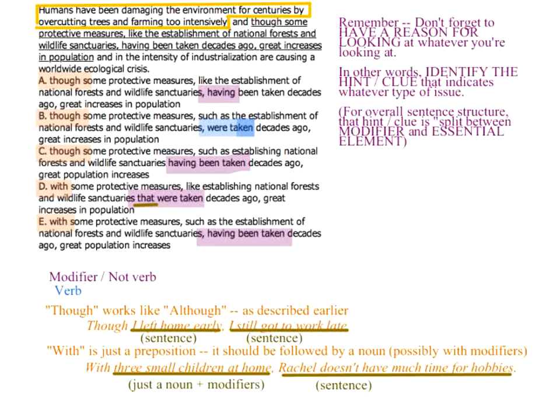So the problem with A and C is they're like, "Though I having left home early, I still got to work late." I mean, you need to have a sentence there. So these don't work. Those weren't very popular with you guys, but they're incorrect.